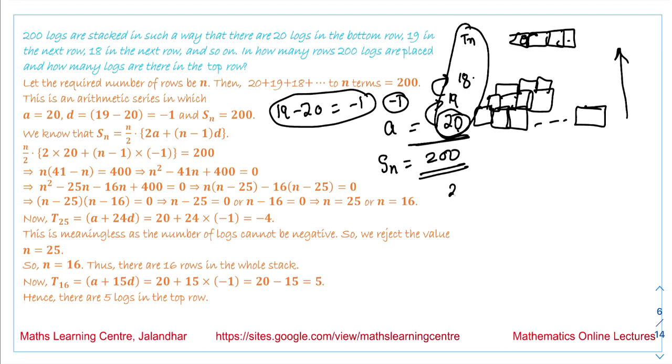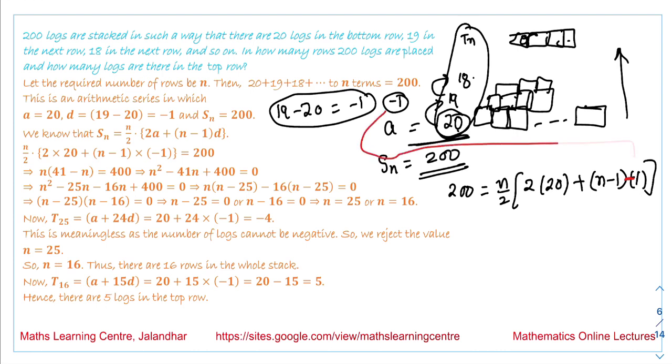So we are saying 200 is equal to n by 2 into 2a plus n minus 1 times the common difference, which is minus 1. So the value we get is 400 equals n into 40 minus n plus 1.